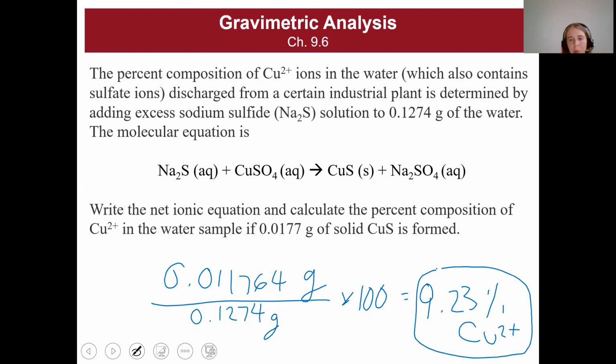That is how much copper ion is in our water sample. And you guys will see a lot of copper this week in lab, so this is just a little teaser for you, I guess. But I'm going to stop here, and then we'll talk about titrations.